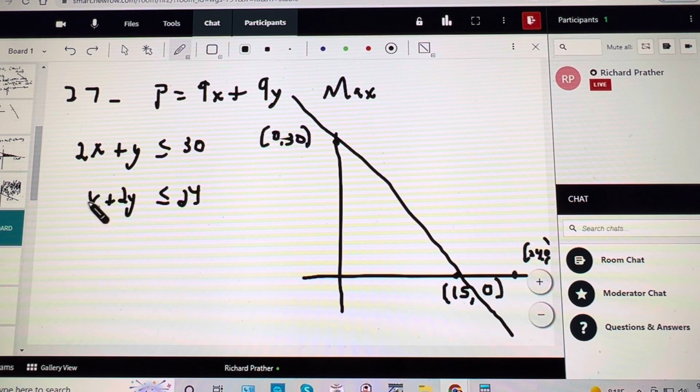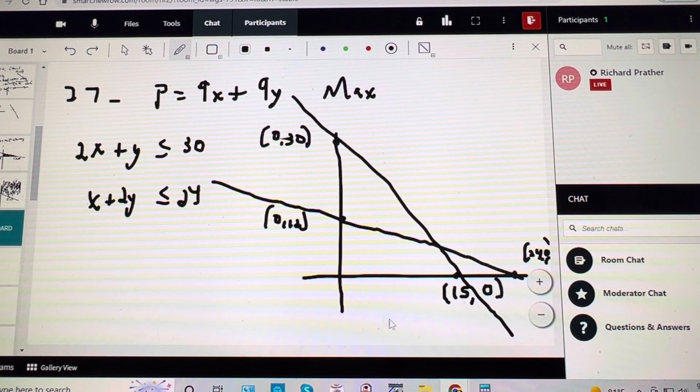And then plug 0 in for x, 2y equals 24, y would be 12. So this line goes like this. And this one's less than. So you're below this diagonal line and below that one and within the x and y axis, so the shaded region's right here.